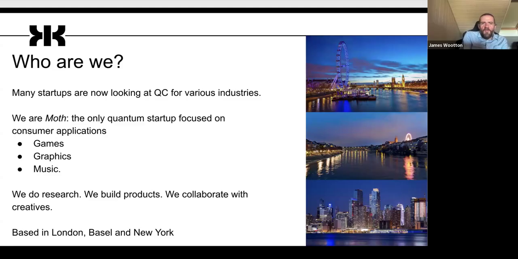So, who is Moth? Well, there are many quantum computing startups at the moment. Some of them look at what quantum can do for finance, or healthcare, or logistics. And they're all great. But we are the only company that is focused on what quantum can do for consumer applications, such as games, but also things like computer graphics or visual arts, and also music.